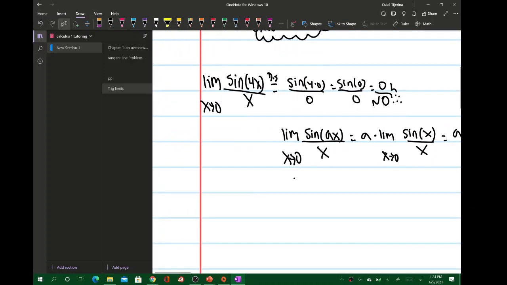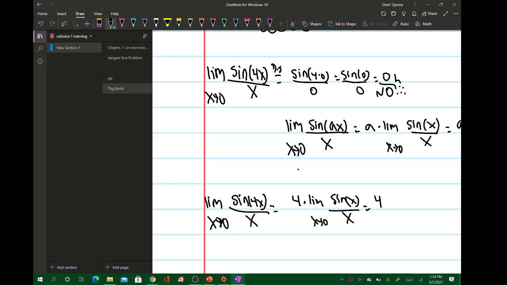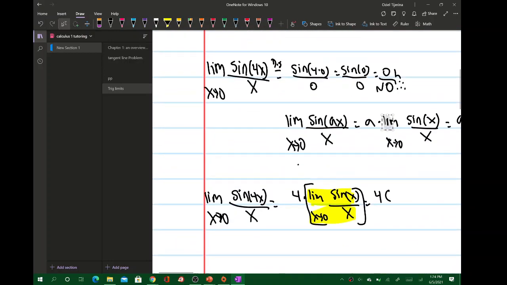So basically we can say that the limit as x approaches 0 of sine of 4x over x is equal to 4 times the limit as x approaches 0 of sine of x over x, and all of this part, like we said earlier, is equal to 1.